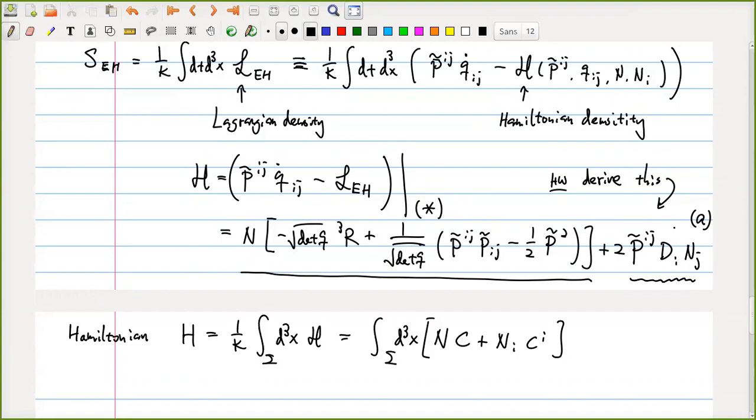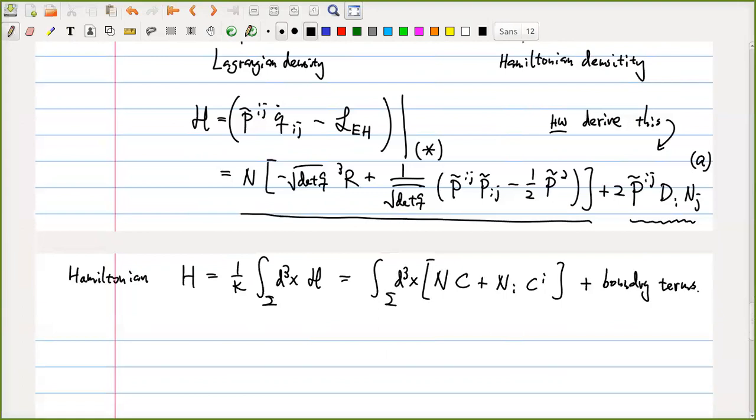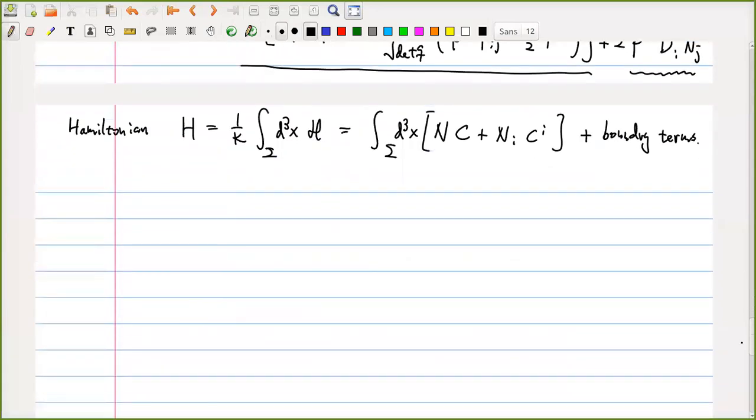But what we can do is integration by parts, moving this covariant derivative from n_i to P^ij. It's up to a total derivative, but this total derivative will be a boundary term, so we always ignore the boundary term. So let me say this equals this plus a boundary term.